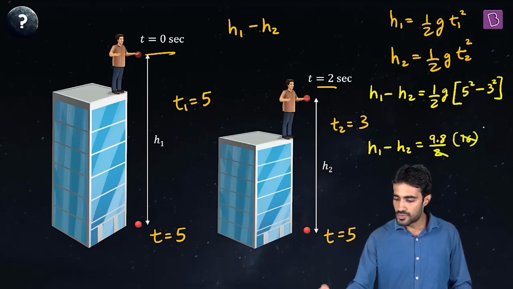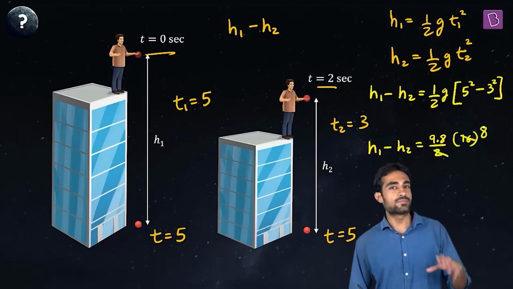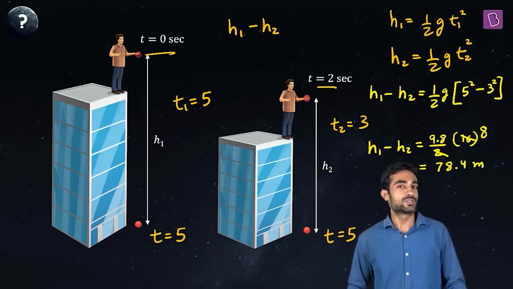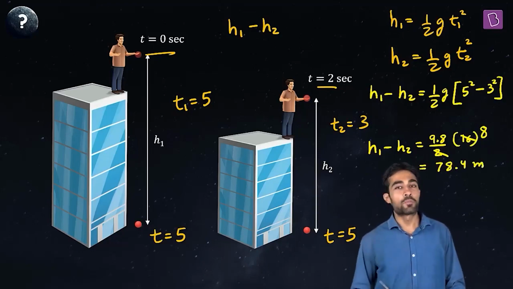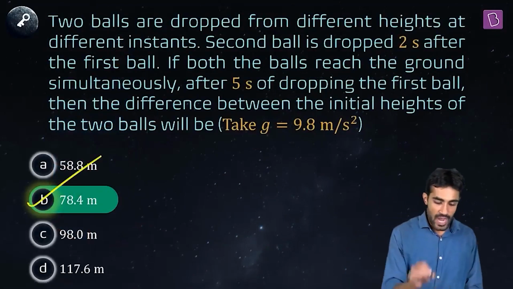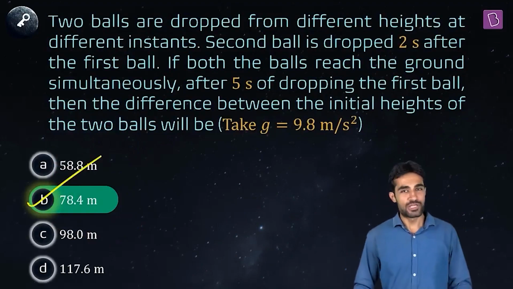Now we can see 2 8s are 16. And 8 times 9.8 would be about 78.4 meters. So let's see the options. Our answer should be 78.4 meters. Option B is the right answer for our question.